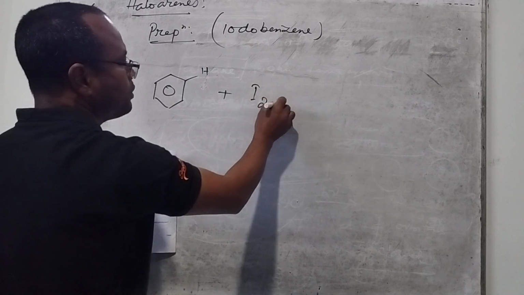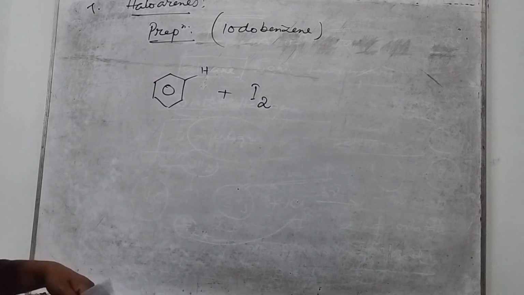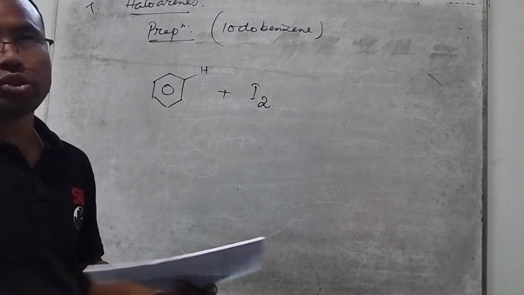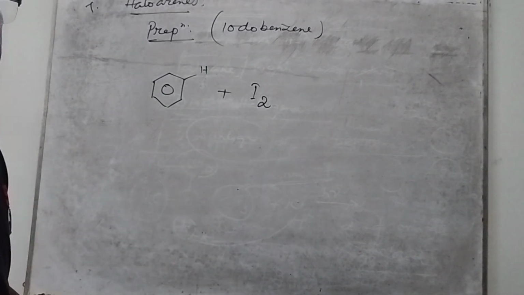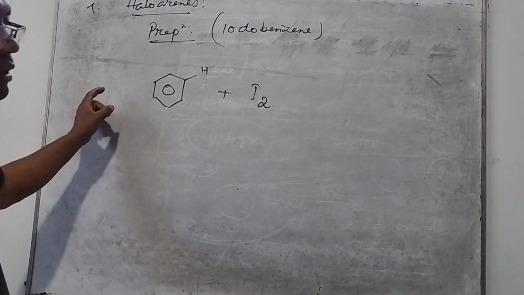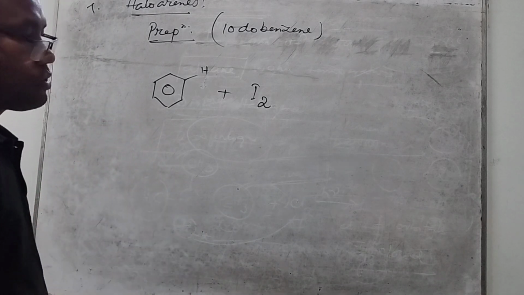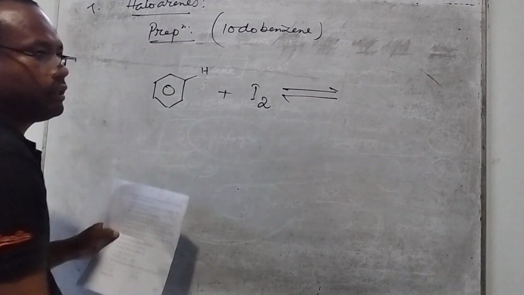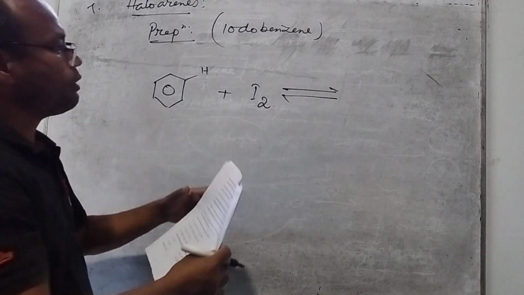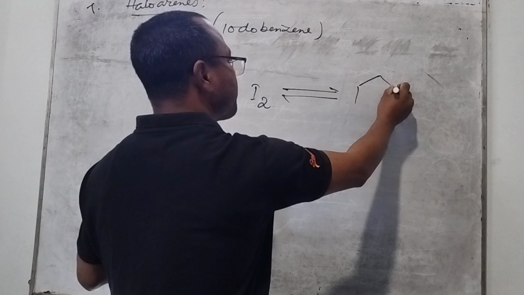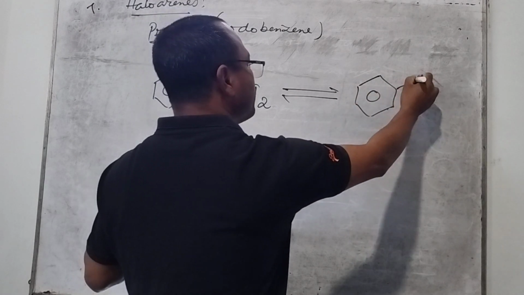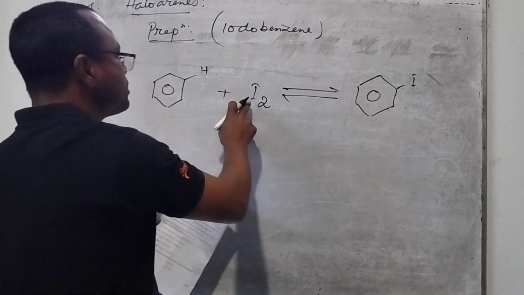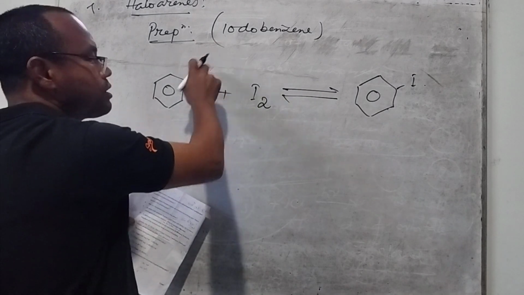So it reacts with iodine. This reaction does not take place easily. Number 1, remember, right? This reaction does not take place very easily. So the reaction is reversible, right? Okay. In order to form this iodobenzene, one of the iodines replaces this hydrogen.